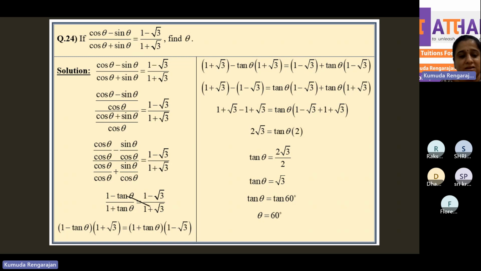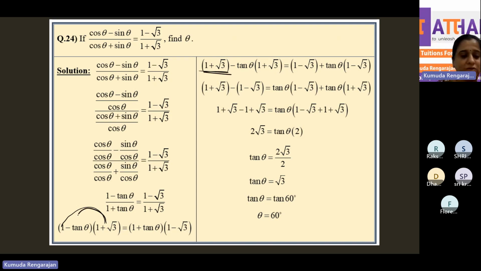And see, you get 1 minus tan theta into 1 plus root 3 is equal to, can you see that, of cross multiply? So now it's like multiplying. 1 plus root 3 into 1 is 1 plus root 3.